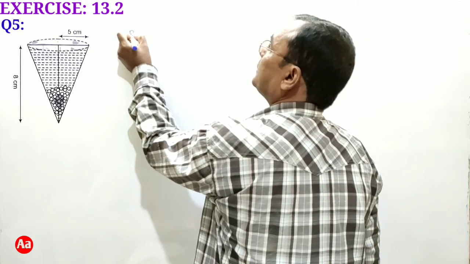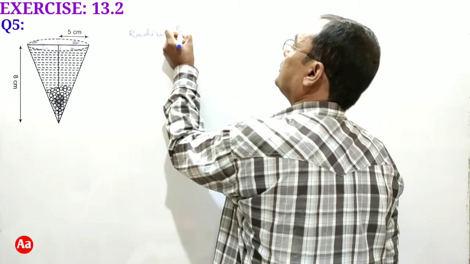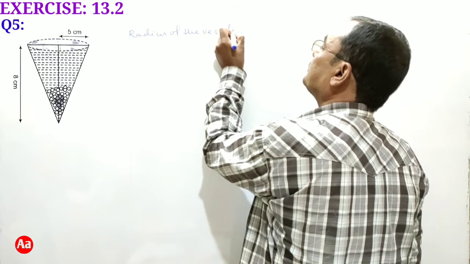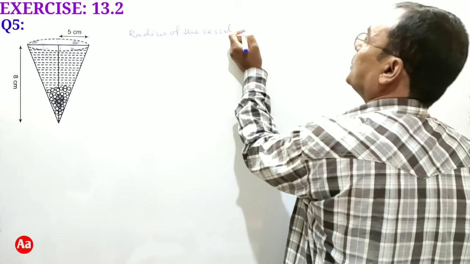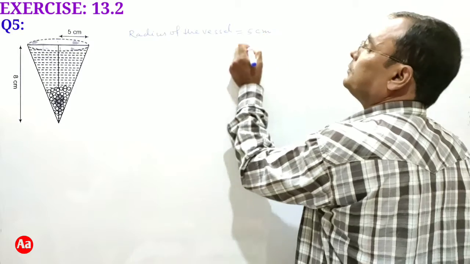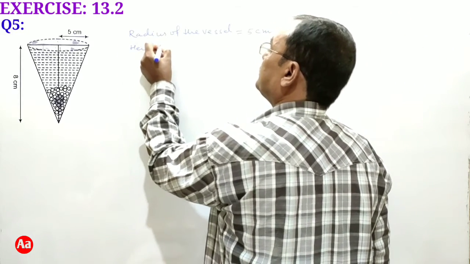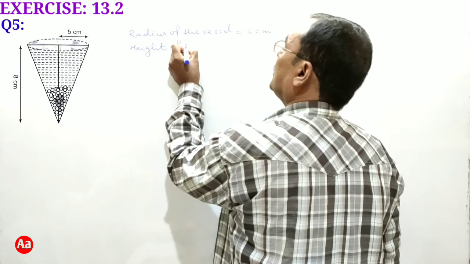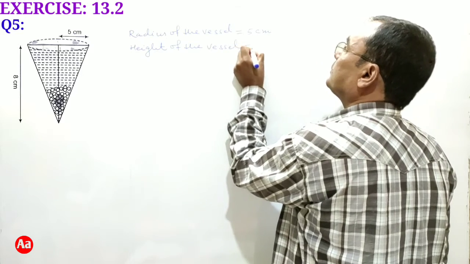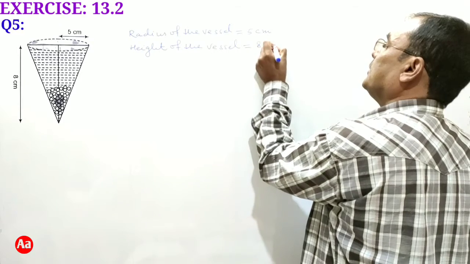So radius of the vessel is given 5 centimeter. Height of the vessel is given 8 centimeter.